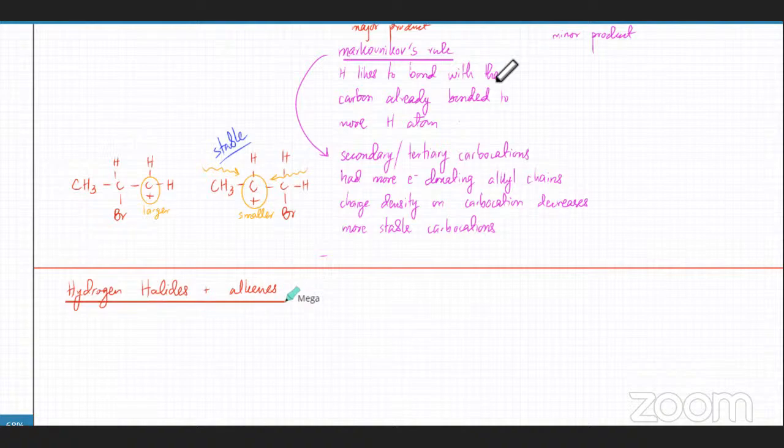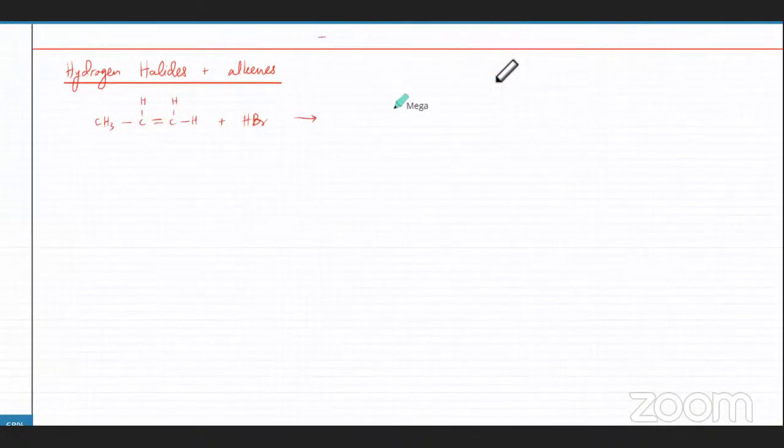So if I have a propene molecule, remember no special conditions need to be remembered for this one. If I react it with HBr, then again, I'm going to get two products: a major product and a minor product.